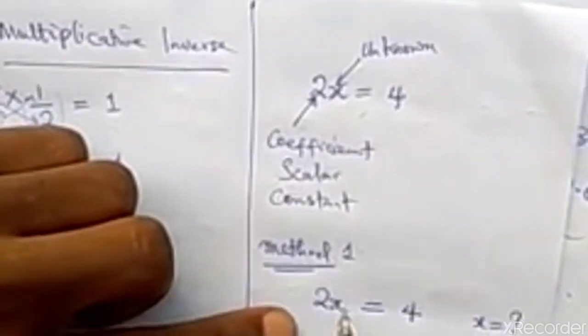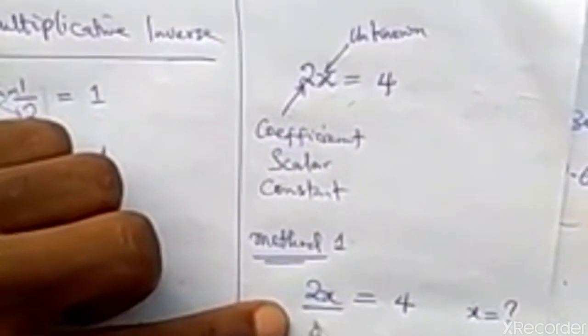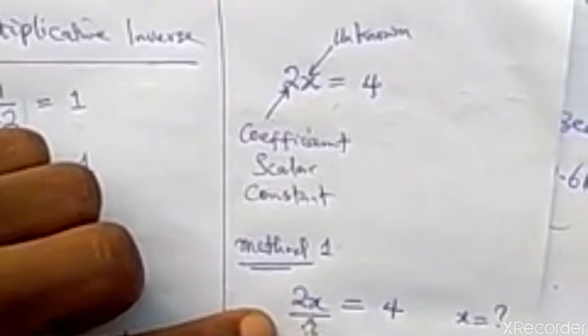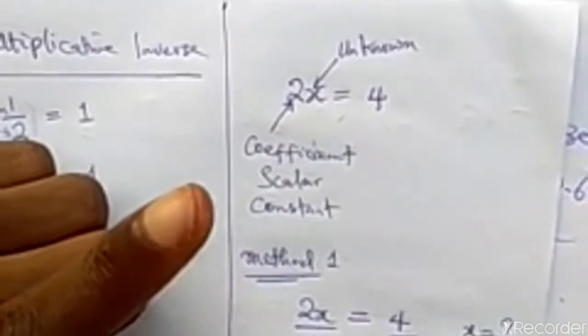So what do we do? We divide by 2, because 2 is what is holding x. Because you did it at the left hand side, you should also do it at the right hand side. So 2 cancels 2, and 2 divides 4 to give 2, so that we have x is equal to 2.